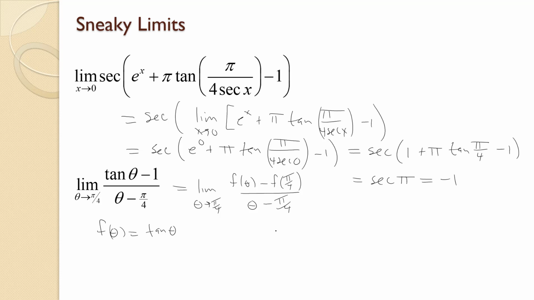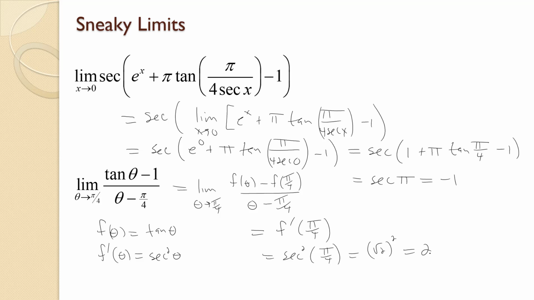So you recognize that is just the derivative. So that is the derivative of this function, but evaluated at pi over 4. So let's just find the derivative of this function. We know the derivative of tangent is secant squared of theta. So this is the secant squared of pi over 4. But the secant of pi over 4 is just the square root of 2, and I'm squaring it. That gives me 2. And that's how to find that limit.